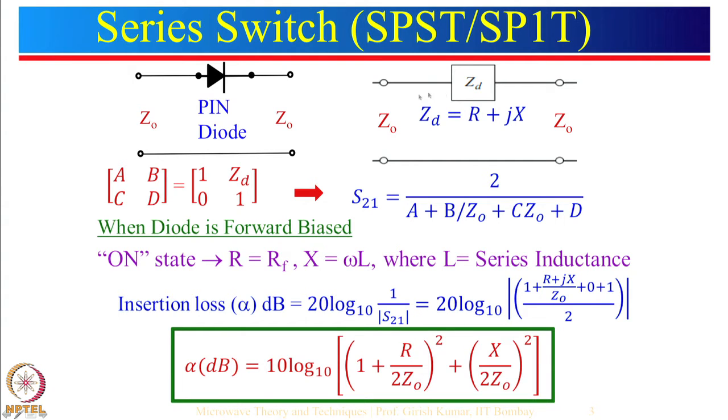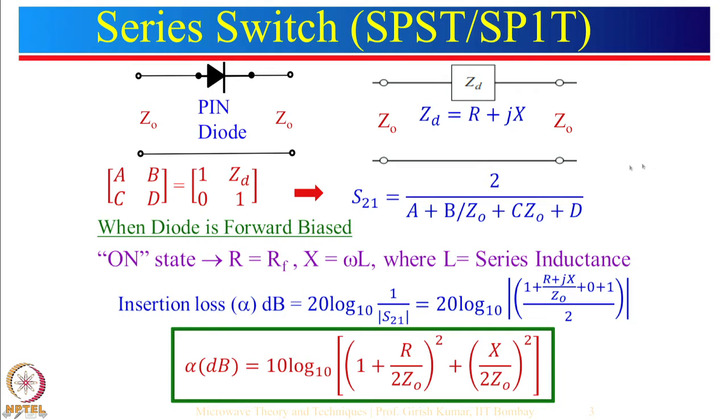So we know that for a series impedance, we can write the ABCD parameters as 1, Z, 0, 1. So here Z is equal to ZD. From here we can use the conversion from ABCD parameters to S parameters. Right now we are looking at S21, but other parameters can be calculated in a similar fashion.